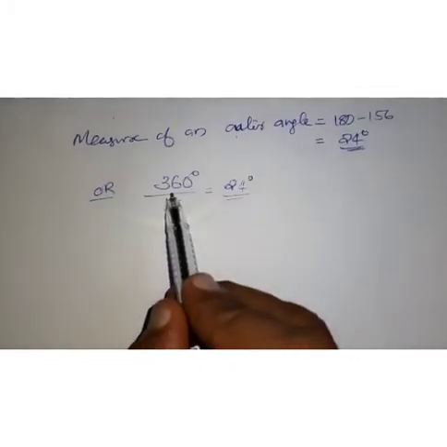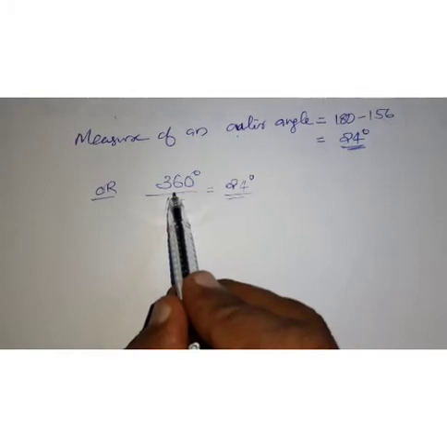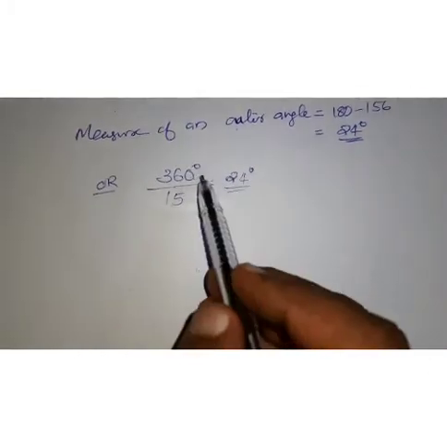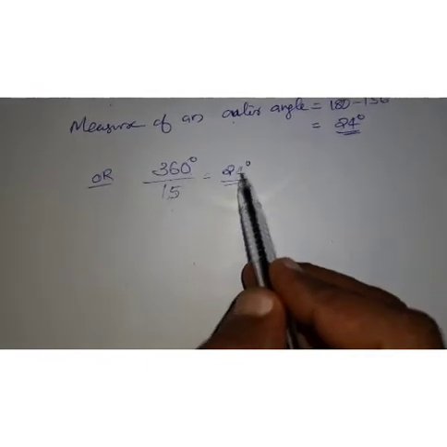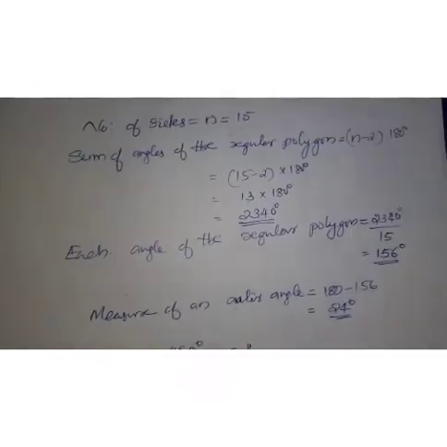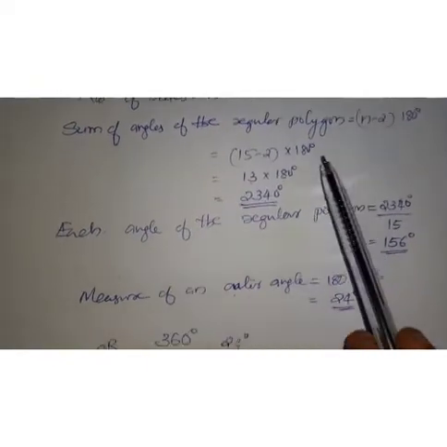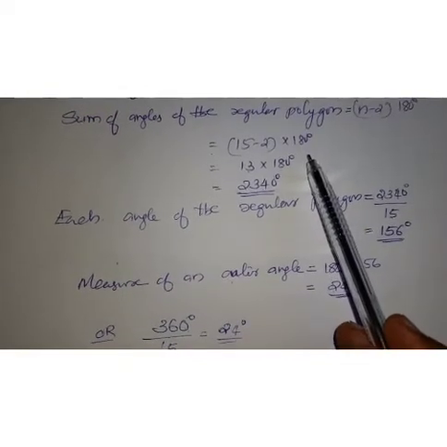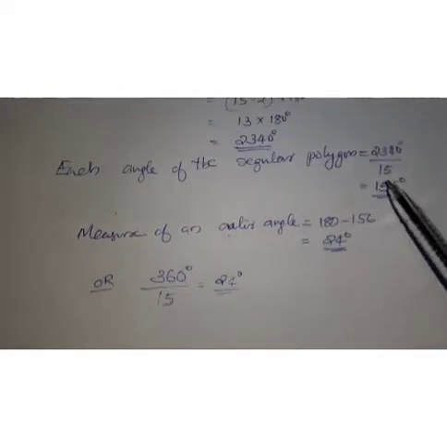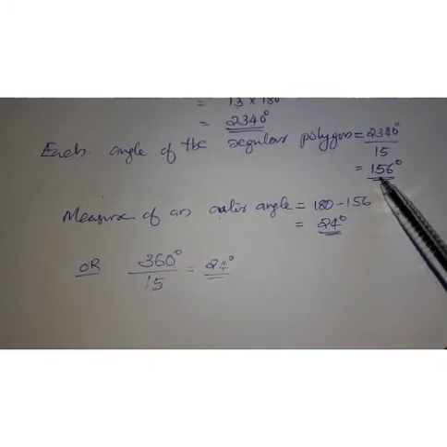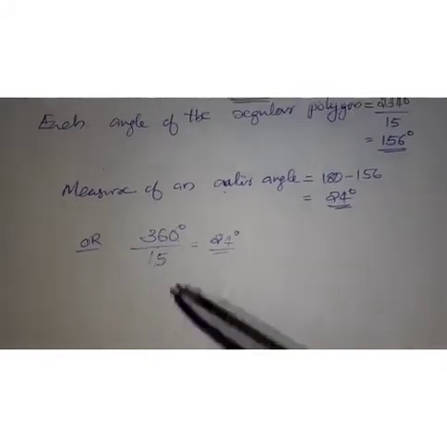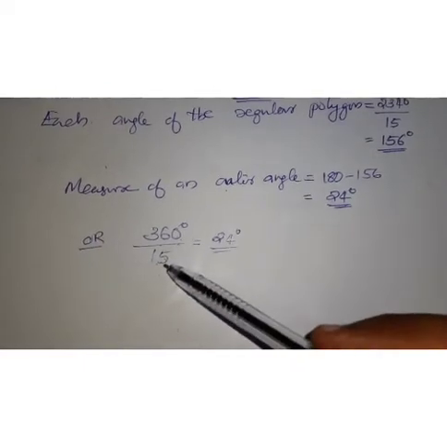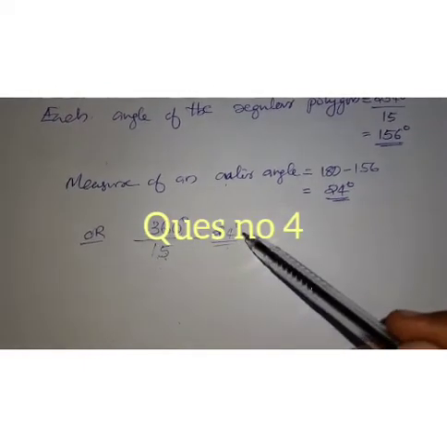The sum of outer angles of any polygon is 360, divided by the number of sides, you will get 24. Otherwise, n is given, you have to find the sum of angles and divide by 15. You will get 156. Then for the outer angle you subtract it, or take the sum of outer angles by number of sides. You will get directly 24 degree.